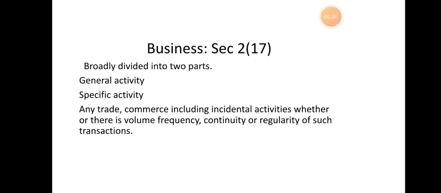General activity means any trade, commerce, we call it business, including any incidental activities, whether or not there is any volume or frequency or any continuity or regularity of such transactions. And similarly, the activity would be determined by the previously enumerated ones as a trade or as a commerce.